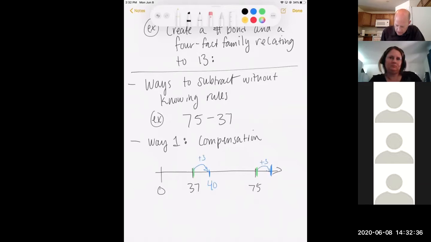The distance between 37 and 40, or 37 and 75 in yellow, is going to be the same distance as 40 and this number in red. Notice that red and yellow make the same distance on the number line. So the difference between the two numbers is the same. And so what is that number from 75 and 3? 78. So pictorially, that's what's going on.